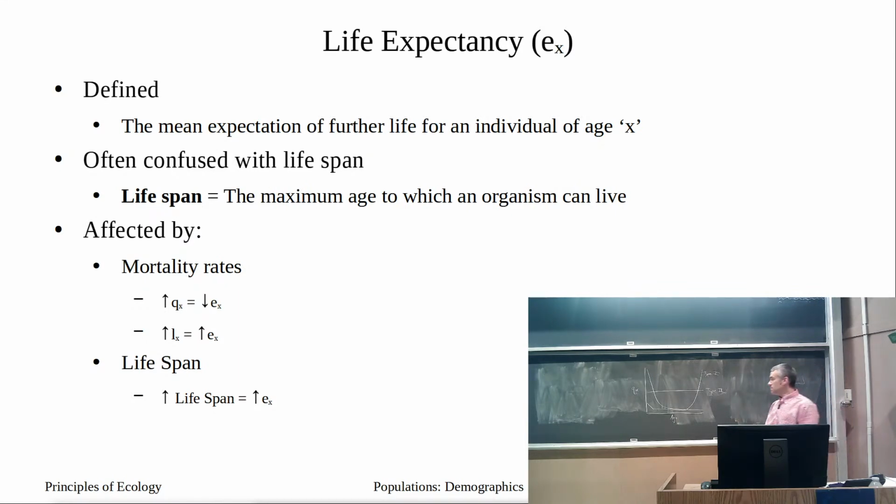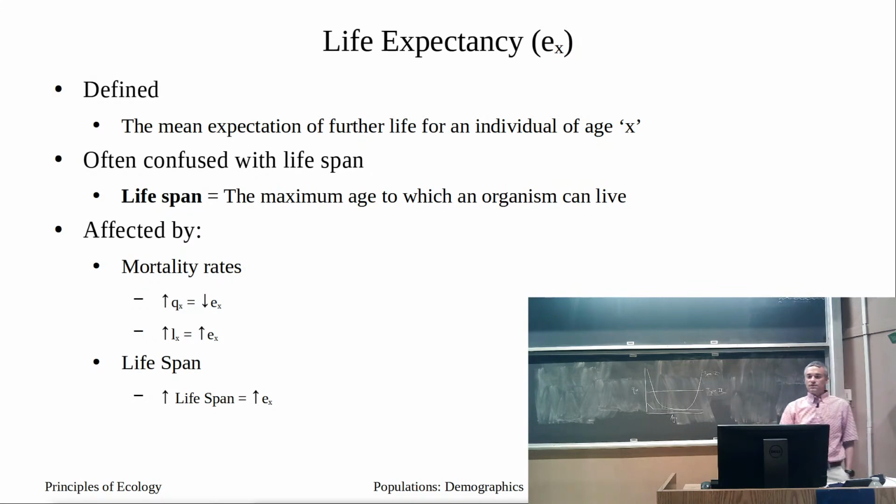Same thing would happen, let's say, with the type 3 survivorship curve. The life expectancy of a fish when it's born isn't very long. But if that fish survives that first year, or maybe the second year, depending on the species, then its life expectancy could be several more years after that.